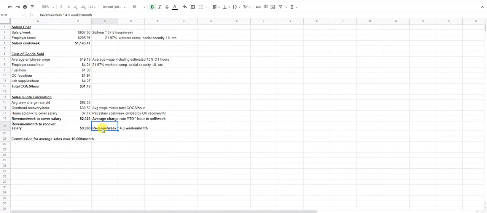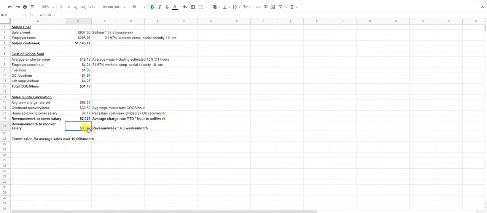There's more than 4 weeks per month. So there's obviously usually 28 to 31 days in a month. So that's more than 4 weeks. It ends up being 4.3 weeks in each month. So I multiplied this times 4.3. So I came up with $9,988, which is basically $10,000 a month that he has to sell on average in order to pay for his own salary.